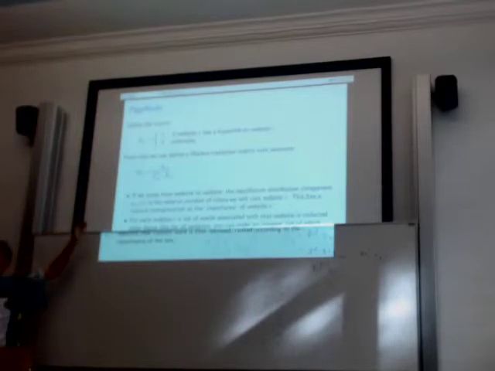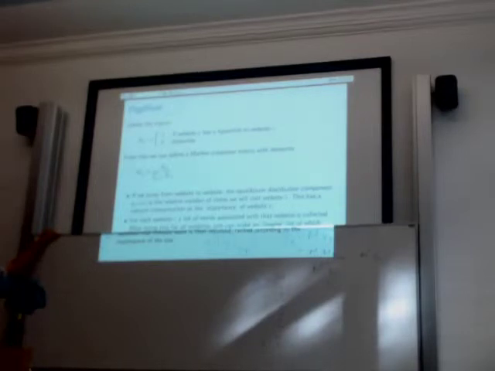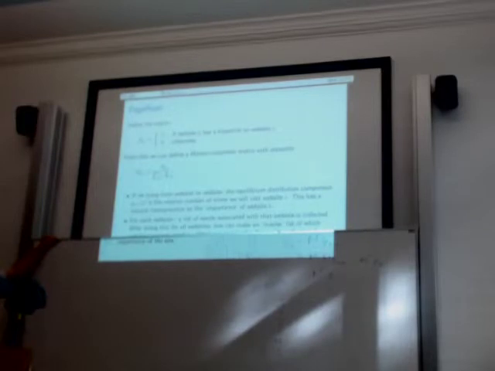But website number 30 maybe has a much higher visitation probability. So you can present these web pages just ranked by their equilibrium probability. And that's PageRank. That's the first Google algorithm to search. It's very, very simple. It's back of the envelope.